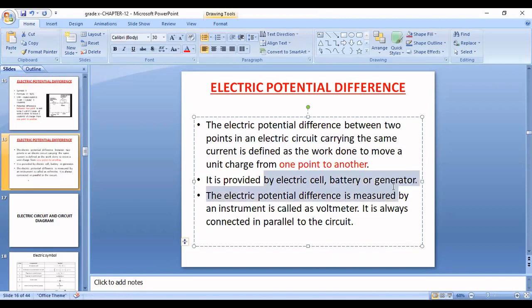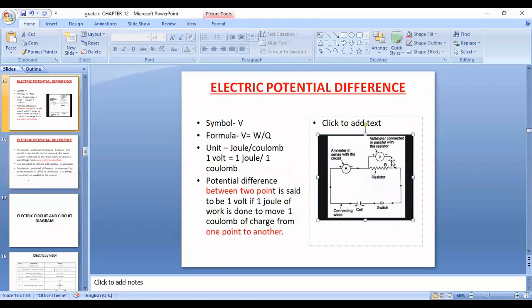battery or generator. And the next fact about it is that the electric potential difference we can measure by an instrument that is known as voltmeter, right? Voltmeter is a kind of instrument through which a potential difference can be measured, and it is always connected in parallel to the circuit. As we can see here, there is a circuit, and you can see this V symbol, it is the symbol of voltmeter.